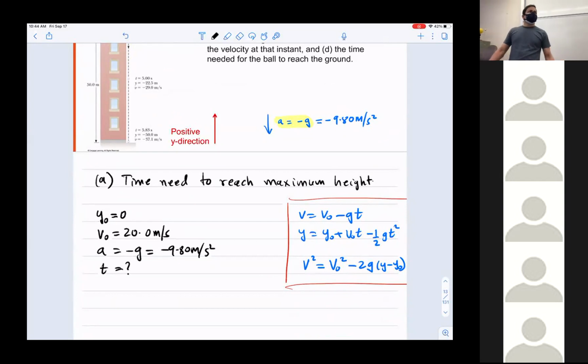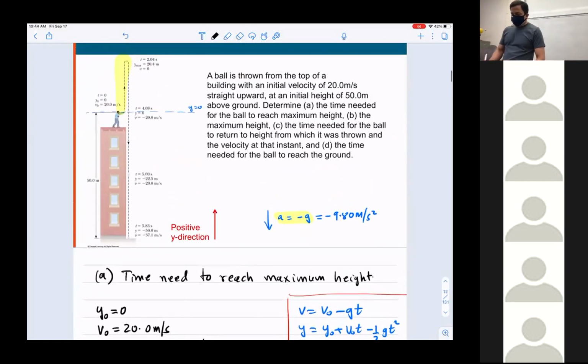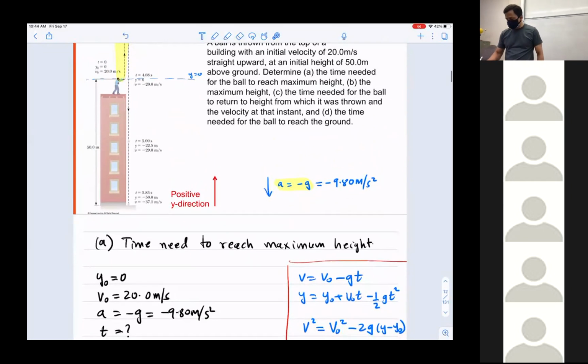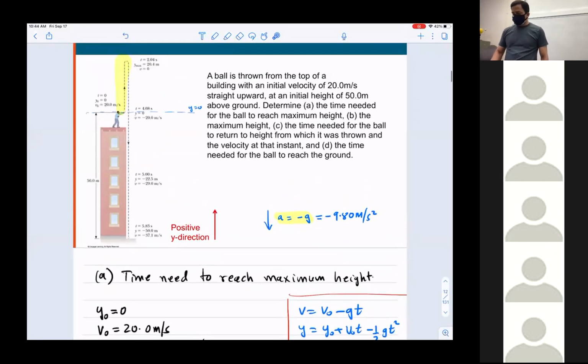Now there's one more piece of information. See if you can figure out what that is. What happens at maximum height? There's one more piece of information that we could use in these equations. The velocity is 0. Thank you, exactly. The velocity is 0, right? So the object goes up, comes to a stop, and then falls back down.